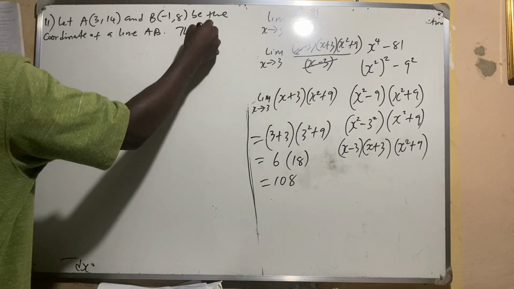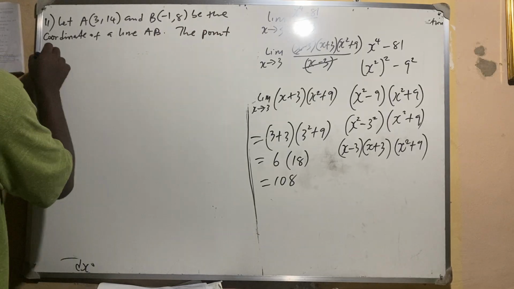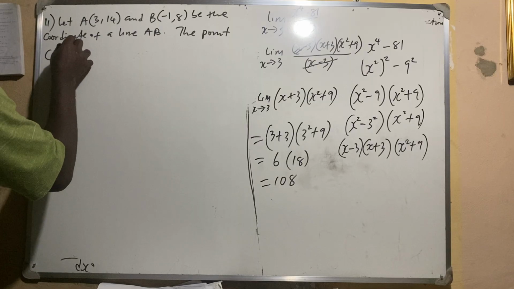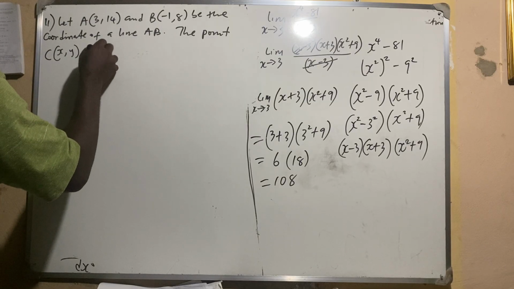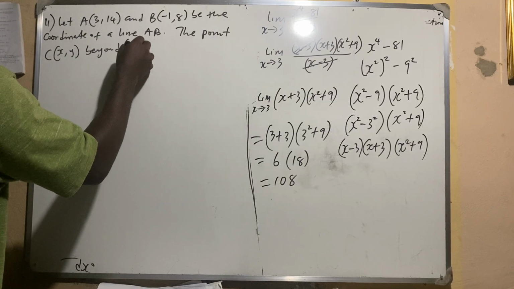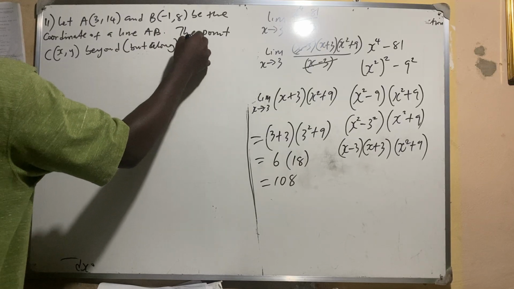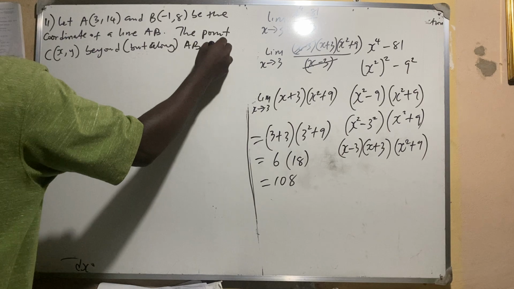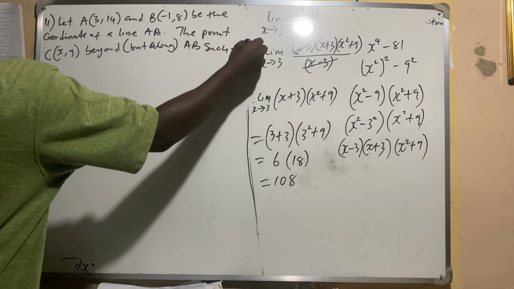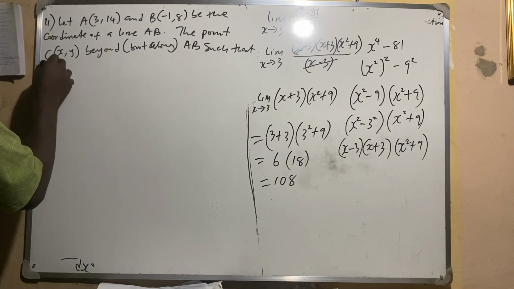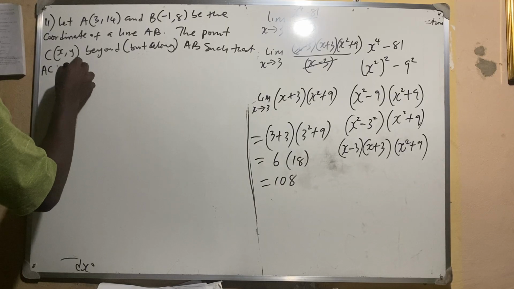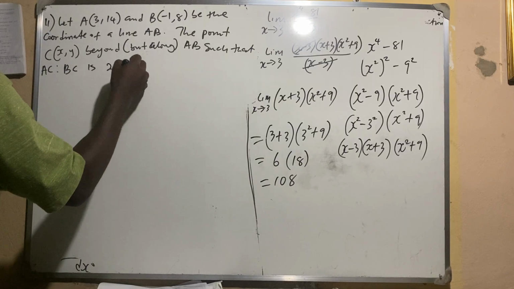Then the point C, which is (x, y), beyond but along AB, is such that AC to BC is 2:1.